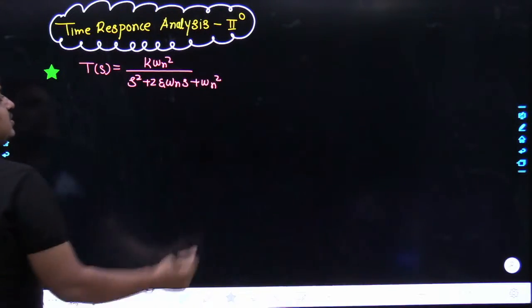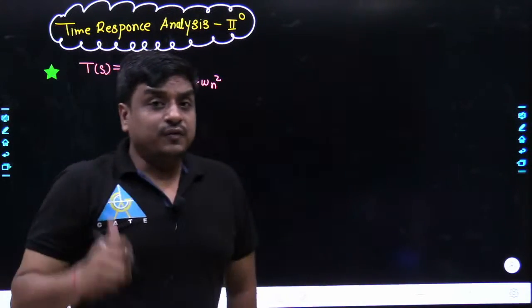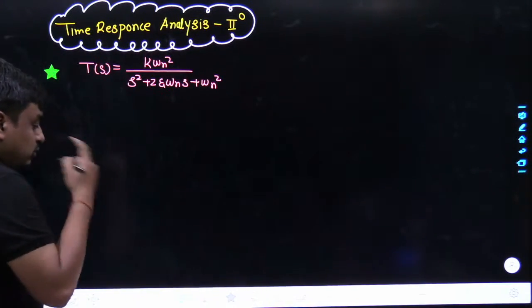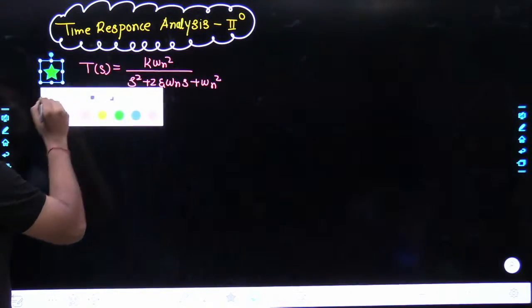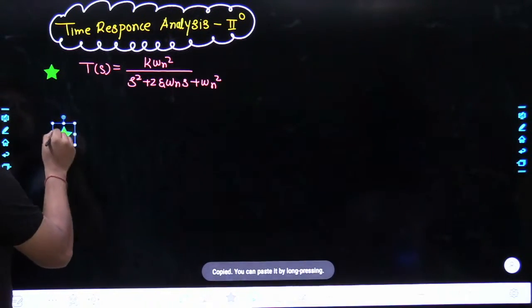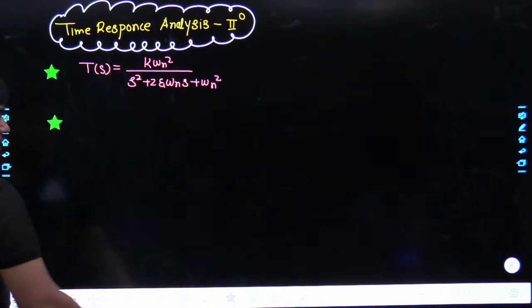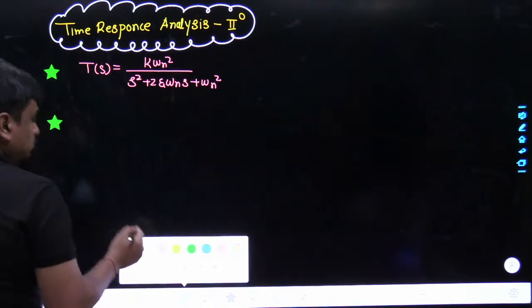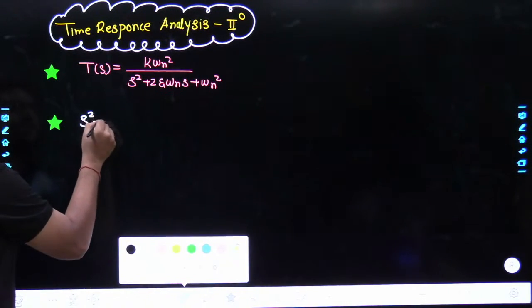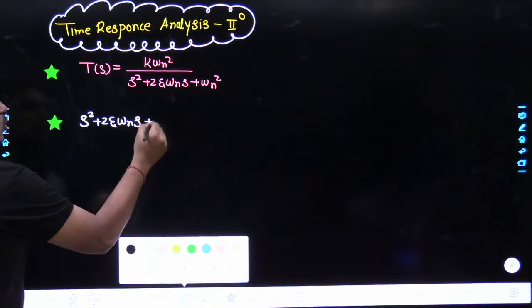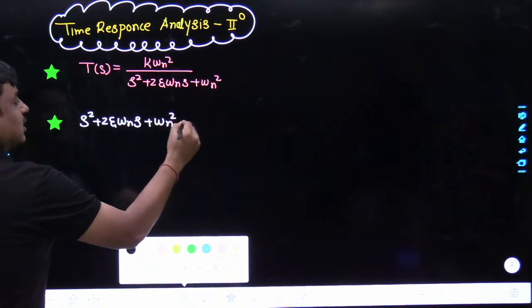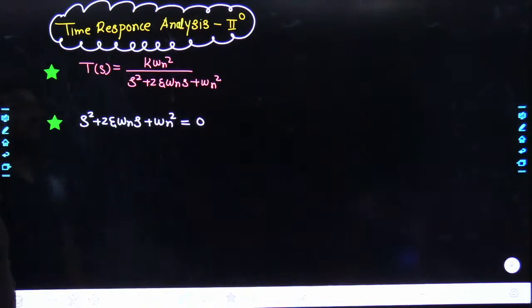And as I am interested in finding the locations of the poles of the standard second order system, let me copy this down. I would compare the denominator polynomial with 0, which would be a quadratic equation, and the roots of this quadratic equation are nothing but the locations of the poles.